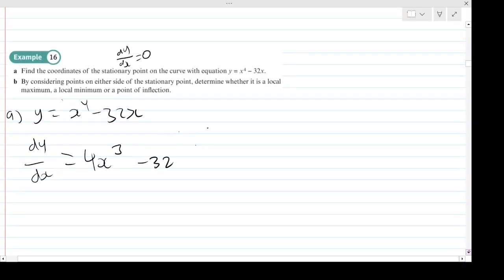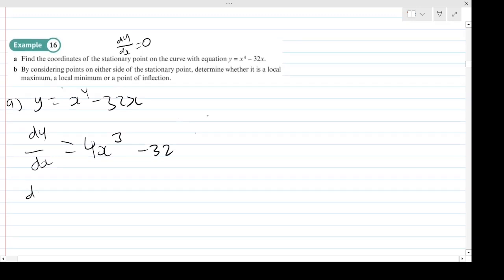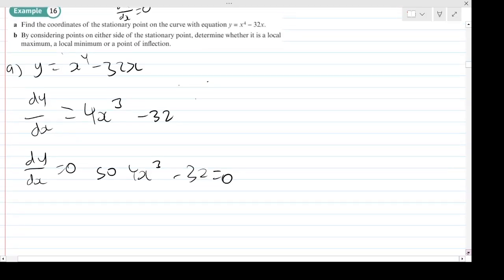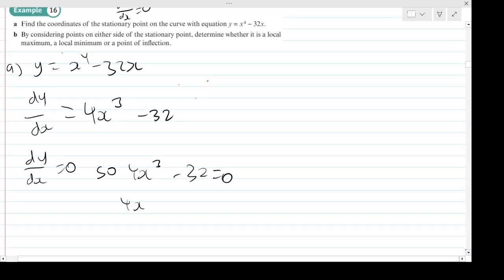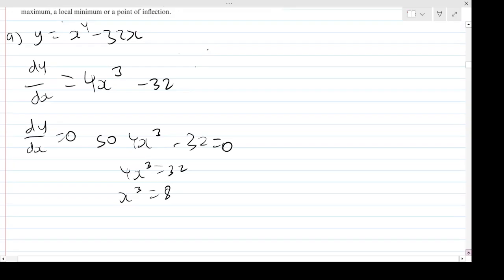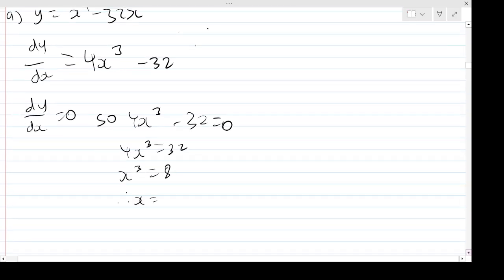So dy/dx equals 0, therefore 4x cubed minus 32 equals 0. We need to solve for x, so 4x cubed would be 32, so x cubed would be 8 if we divide by 4. Therefore, if we cube root 8, we get x to be 2.